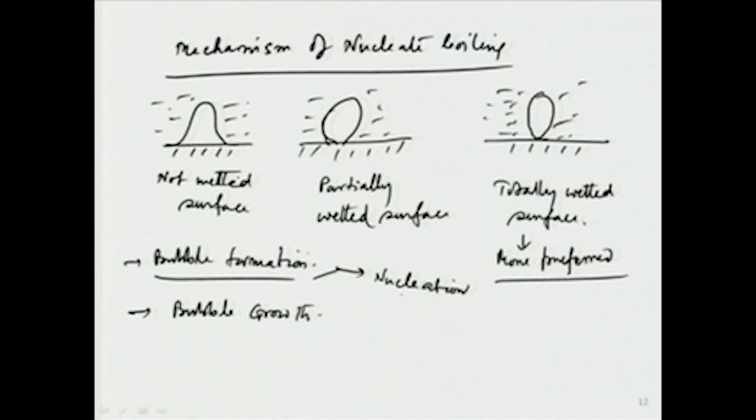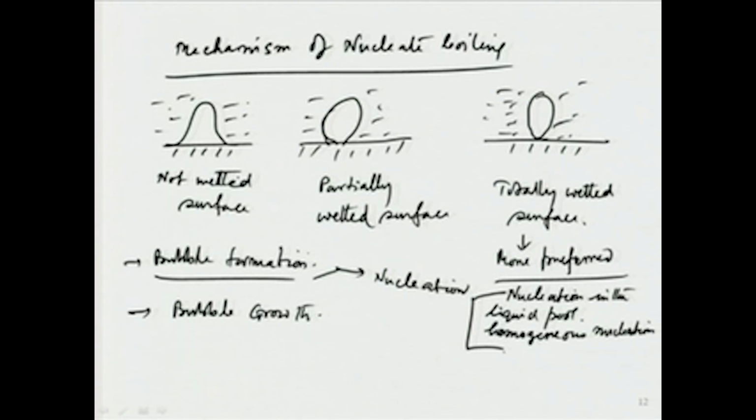Now, in case of nucleation, where the bubbles are just being formed, there can be nucleation in the liquid pool, which is called homogeneous nucleation, and another can be nucleation on a surface, and this is called heterogeneous nucleation.